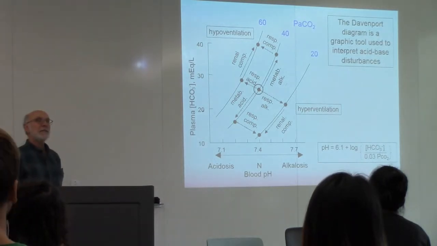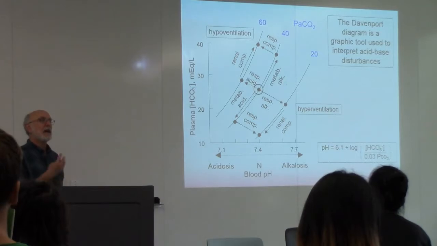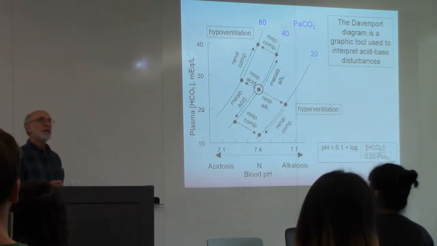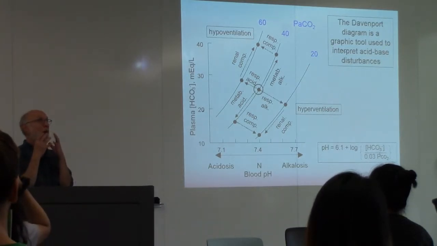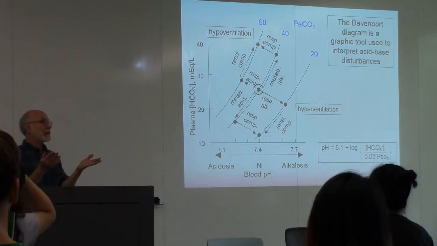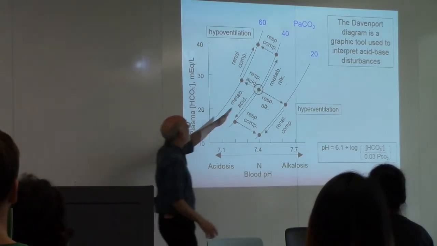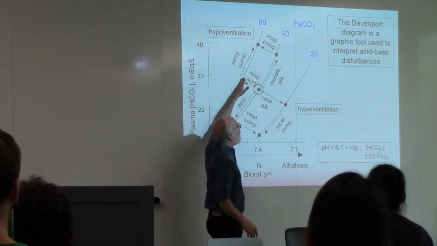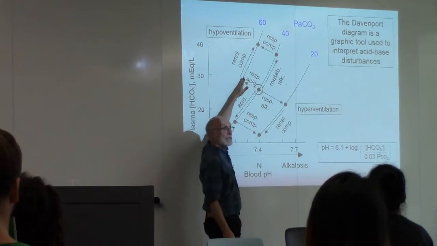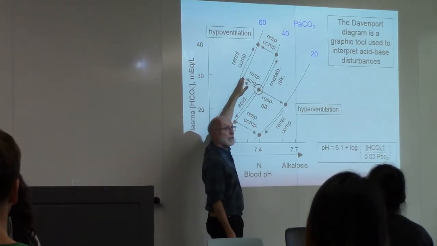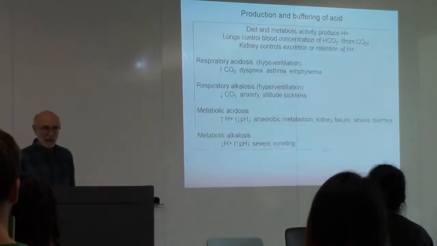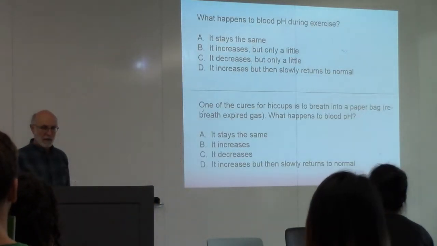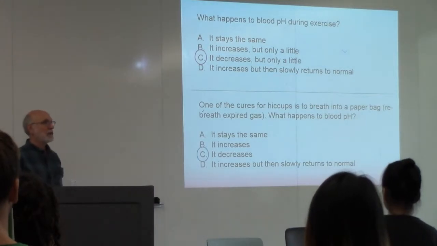We are rebreathing expired gas. Is PCO2 increasing or decreasing? Increasing. We're breathing an atmosphere that is now high in CO2 because we're breathing the stuff that we exhaled. So we're breathing a high CO2. PCO2 increases. So what happens to pH? Decreases. Okay, so you can see that the Davenport diagram really helps you answer questions that I could ask you.